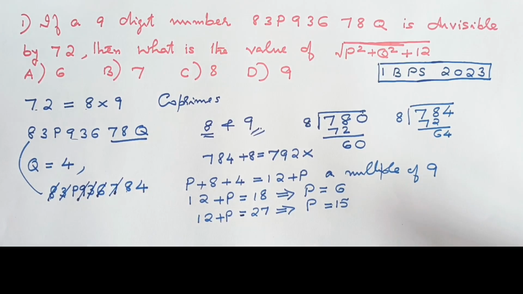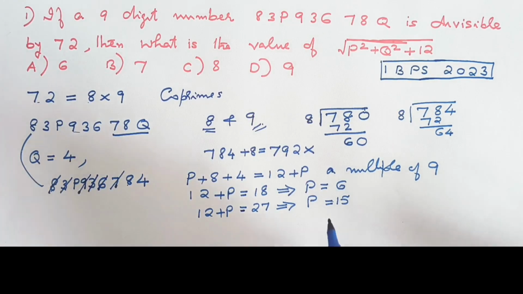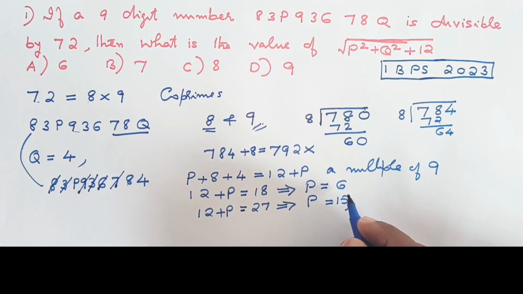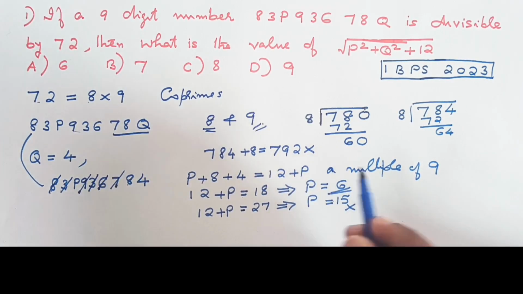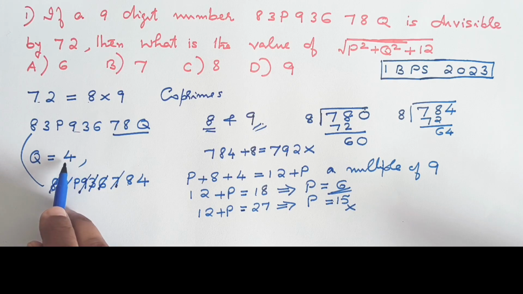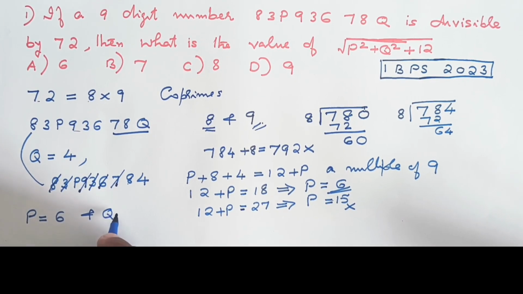But we know that P is a single digit number, which means this is not acceptable. What I'm trying to convey is there is only one value for P, and that is 6. And also we have already seen the value of Q as 4. So P equals 6 and Q equals 4.